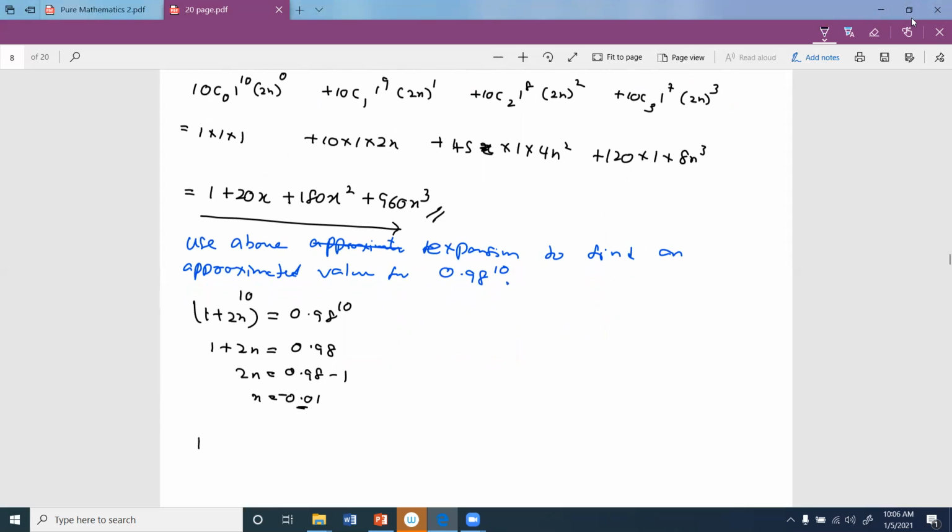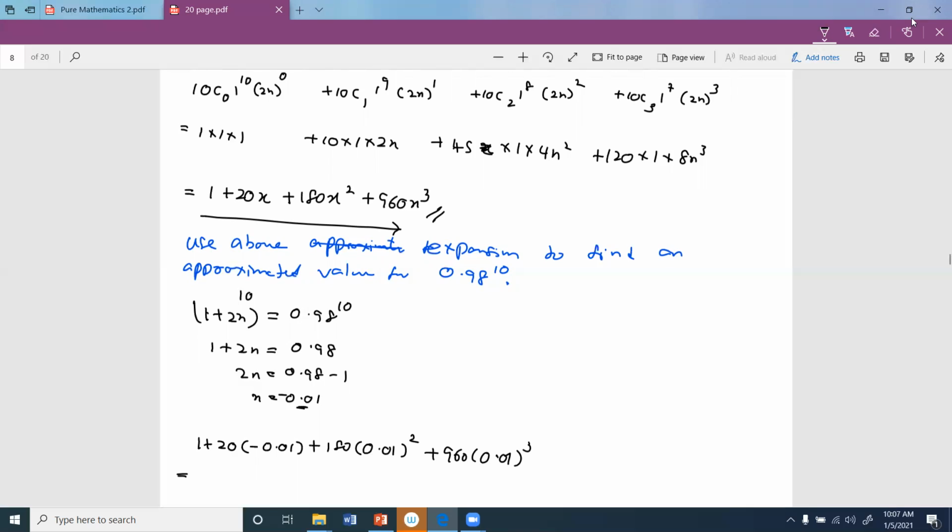So this is 1 + 20 times minus 0.01, instead of x you are replacing, plus 180 times 0.01 squared, plus 960 times 0.01 cubed.